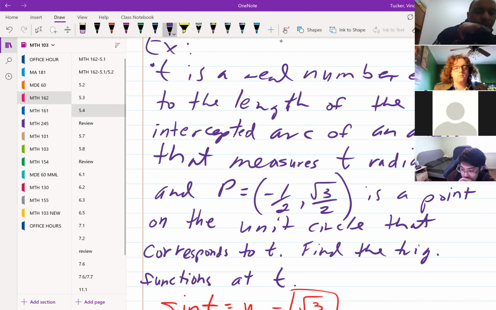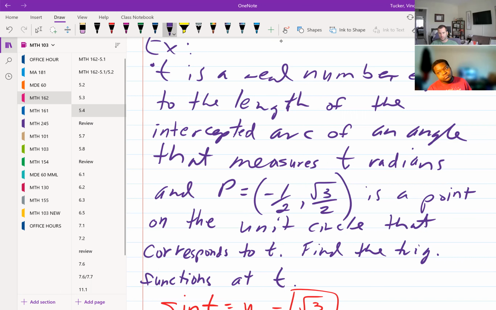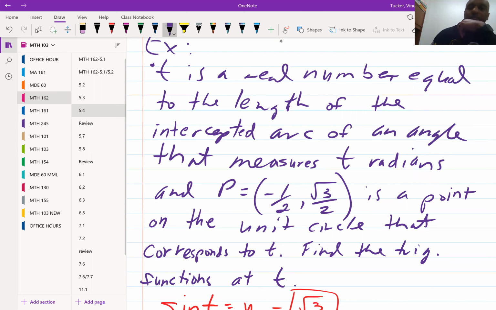All right. Okay, still see writing. All right. So once again, t is a real number equal to the length of the intercepted arc of an angle that measures t radians, and p equal to -1/2, square root of 3 over 2 is a point on the unit circle that corresponds to t.